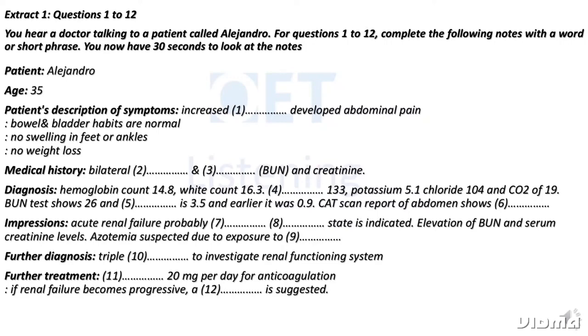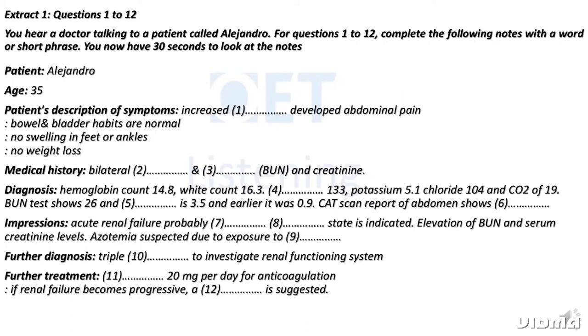BUN test shows 26 and creatinine level is 3.5, and earlier it was 0.9. The CAT scan report of your abdomen shows poor perfusion to your right kidney.